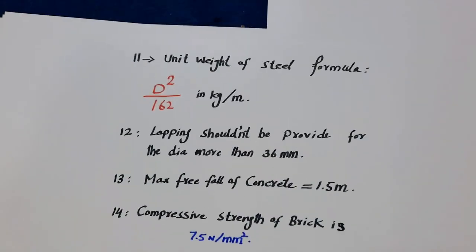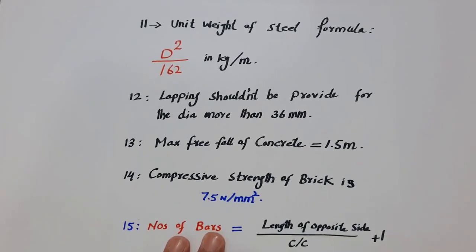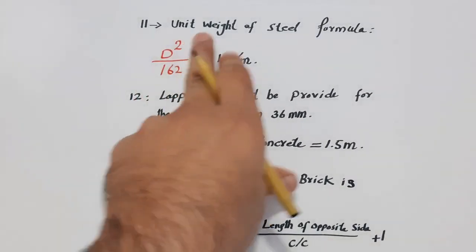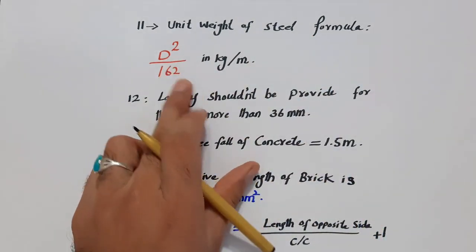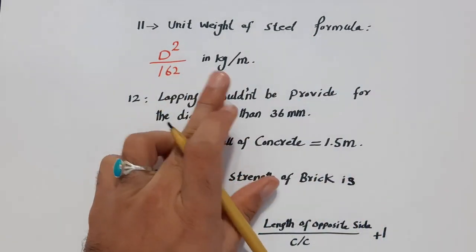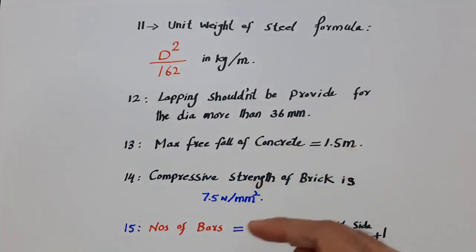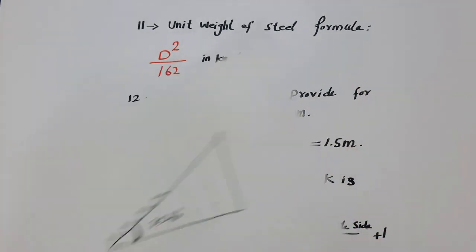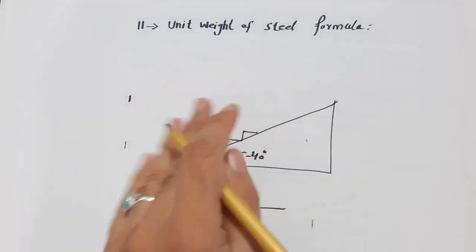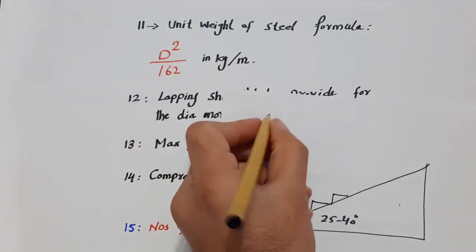The 11th one is unit weight of steel. The formula is d square divided by 162 in kg per meter. This is the weight of steel for 1 meter. Remember, d should be in millimeter.